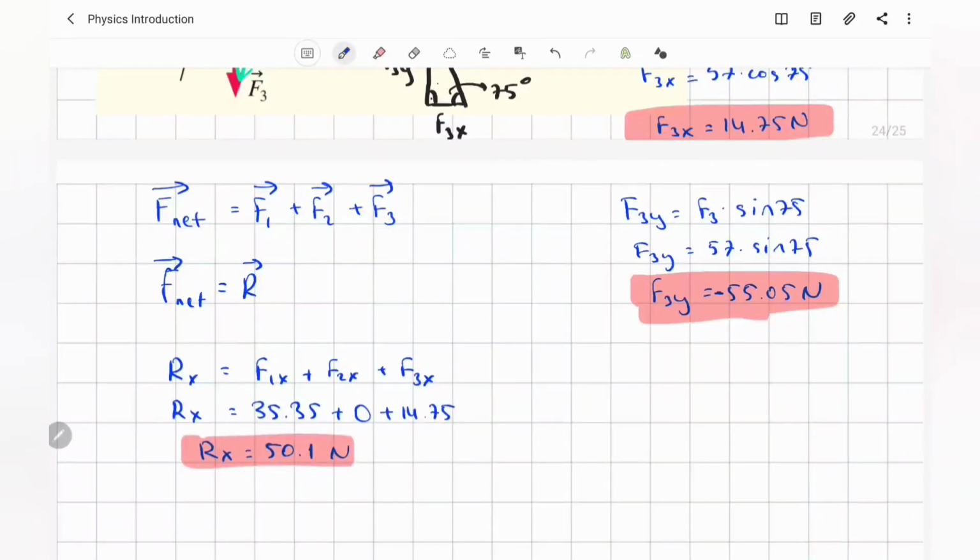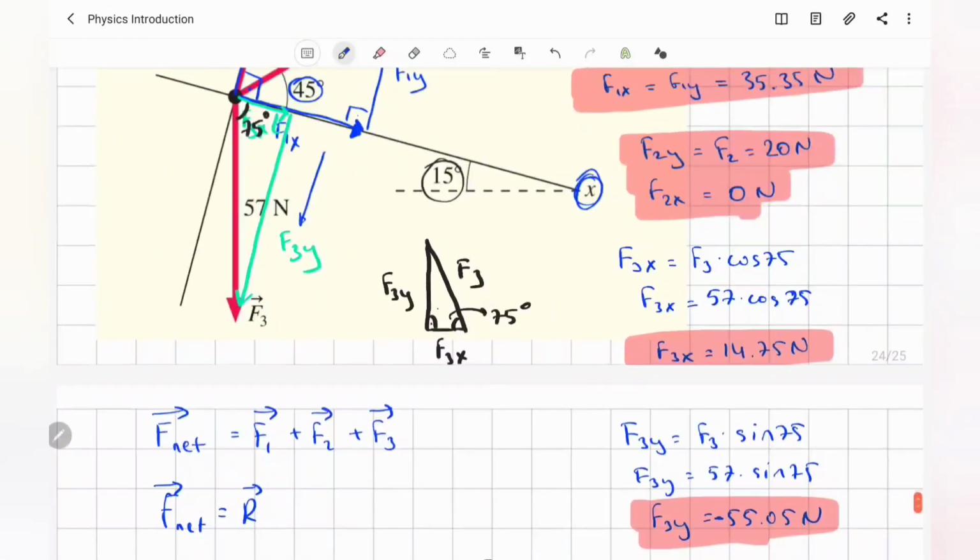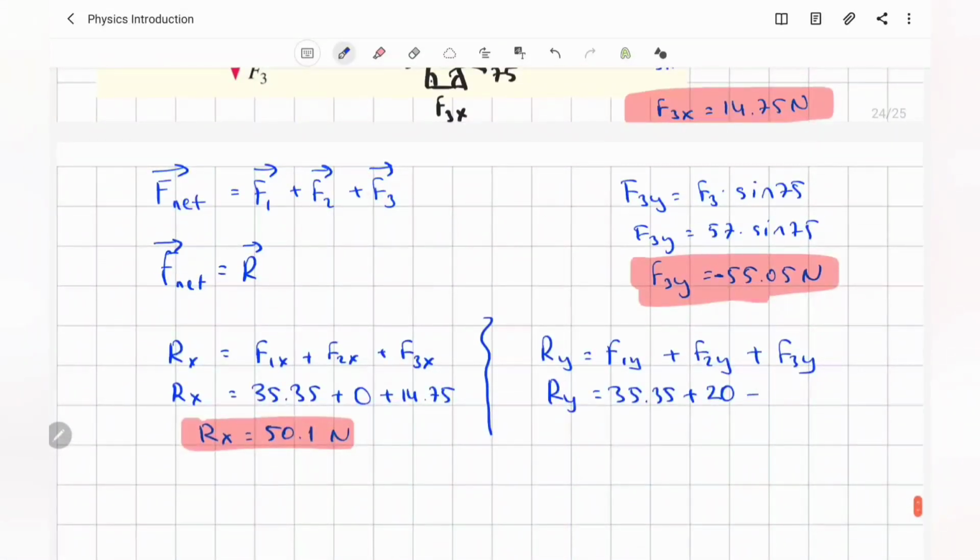Now let's come to the y component. Ry equals F1y plus F2y plus F3y. F1y is 35.35. The y component for the second vector was 20. And the y component for the third vector was negative 55.05.